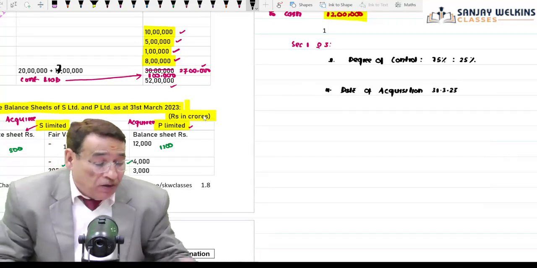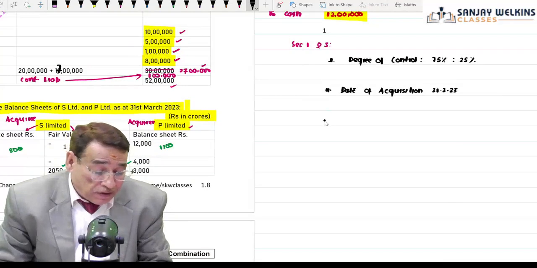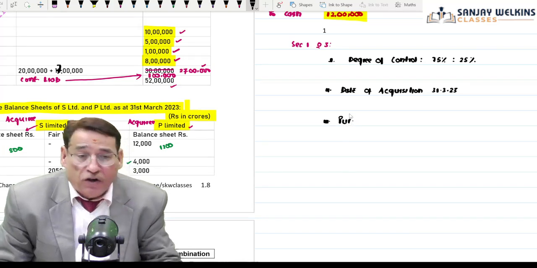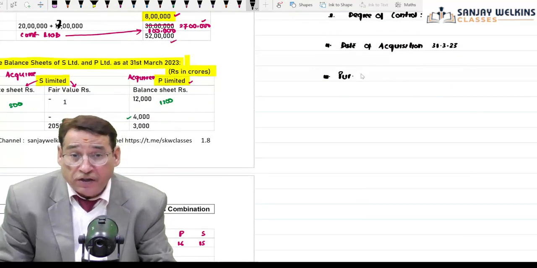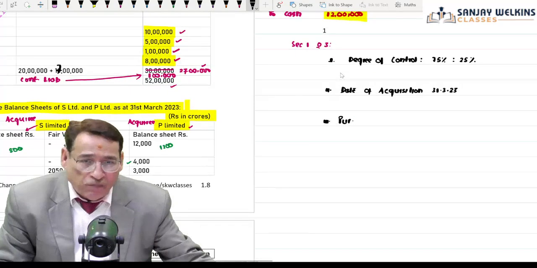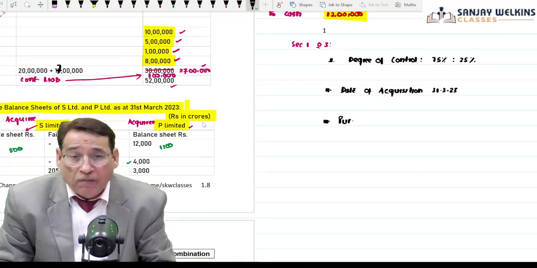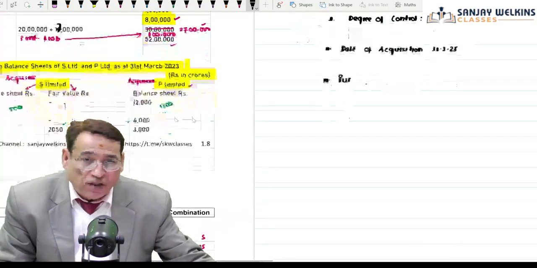Obviously now the next question is, what is the amount of purchase consideration? It is given in the question that you have acquired 75% stake, and for the same you have delivered consideration through issue of 800 shares at the rate of 16. Although the rate of 16 is not given directly, you will have to imply it, because the market price per share of both companies is given.